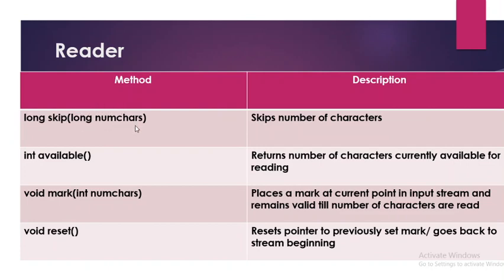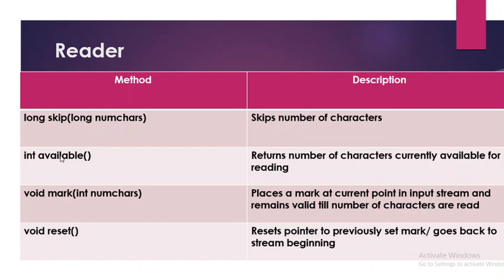For example, if I am writing skip(5), that means it skips 5 characters. If I am writing skip(10), it skips 10 characters from the given input stream. So here any long argument is possible, and the return type is again long.